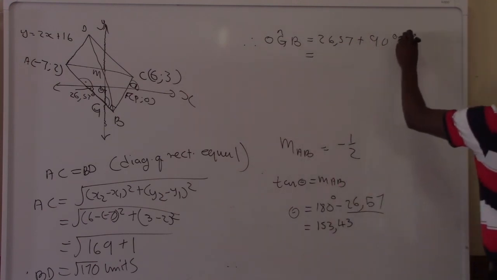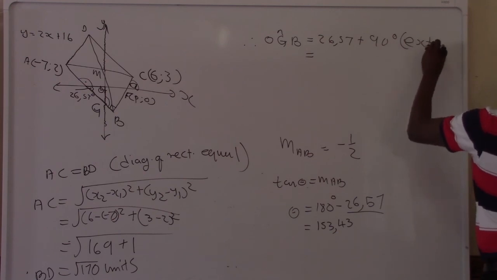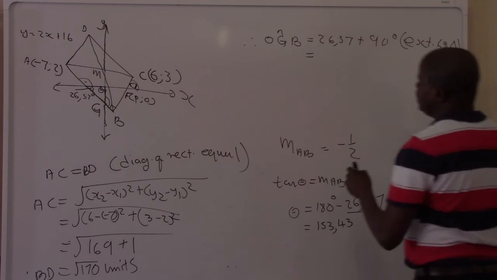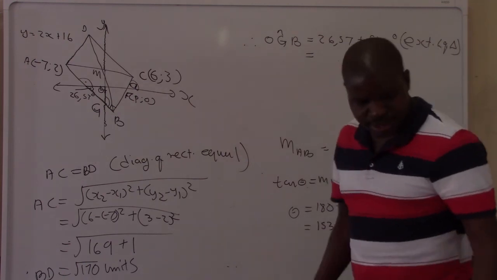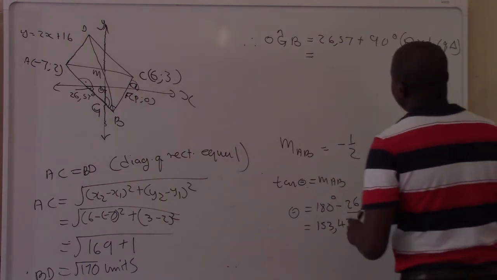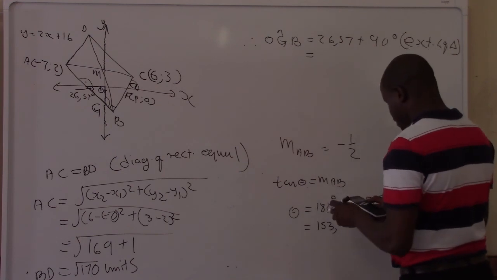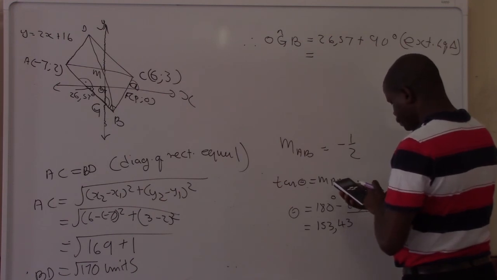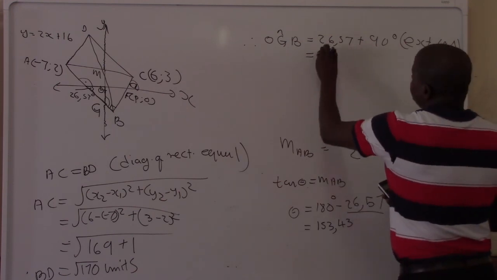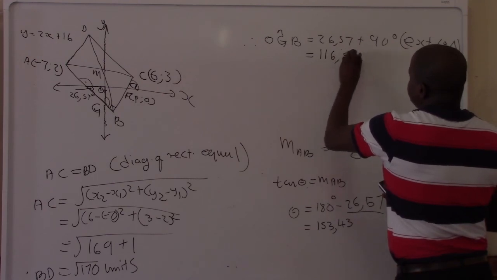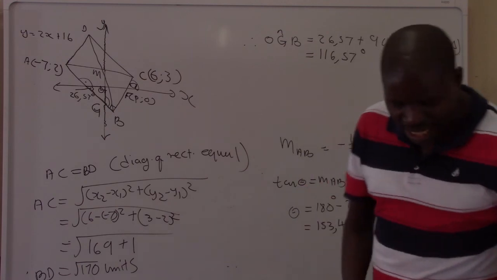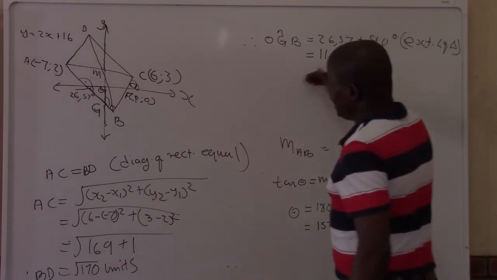And here you will write exterior angle of a triangle. So 90 plus 26.57 is 116.57 degrees. So that is how that angle is calculated.